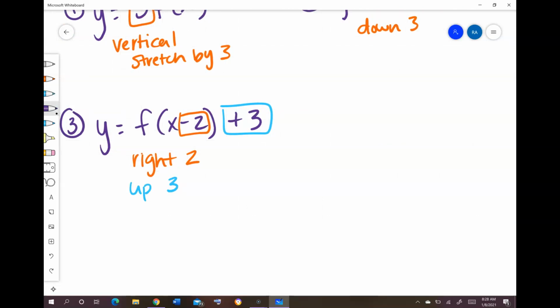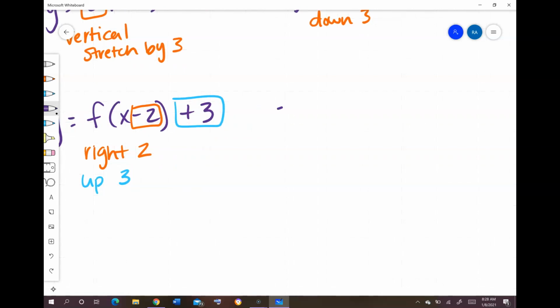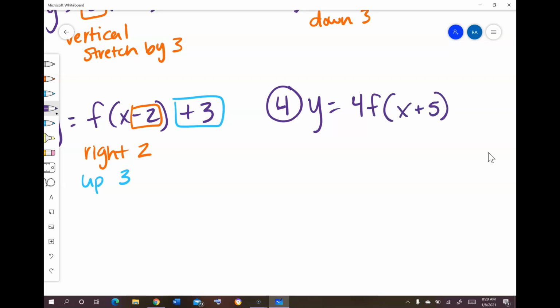Okay? We catching on? All right, so now we've got y equals 3. I think I've done 3. Let's say 4. Sorry, it was a little noisy in the hallway. So this is going to be y equals 4 times f of x plus 5 and then minus 1/2. Okay?